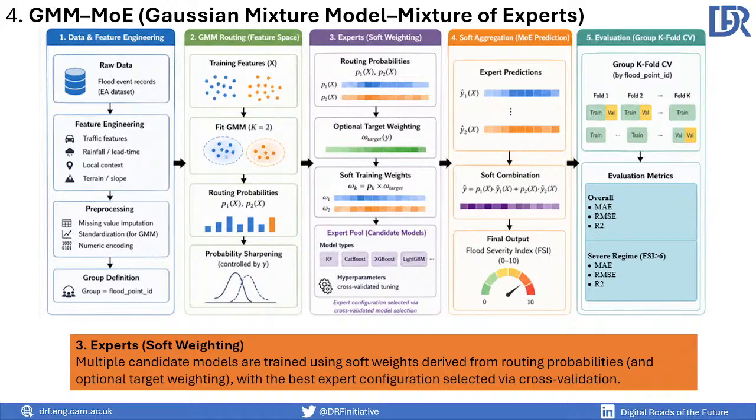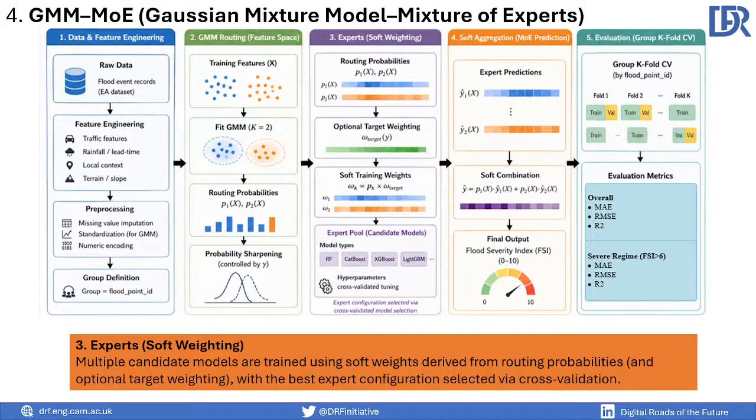For step 3, we train different machine learning models to get the best one. And then for the soft aggregation, because we use different models to do the prediction, we can get the values for different models.